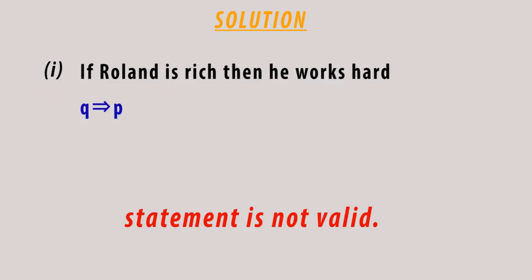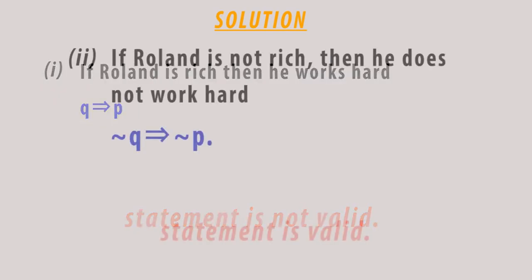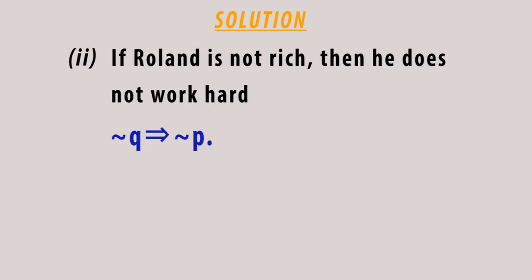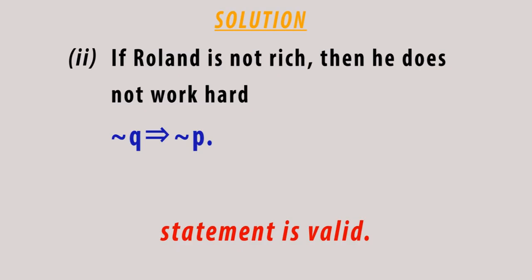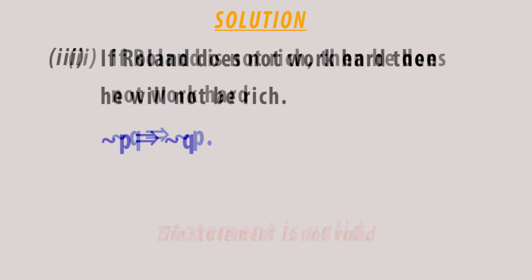Let's take the second one. If Roland is not rich, then he does not work hard. This means we are saying the negation of Q implies the negation of P. Therefore, this statement is valid. The third one.